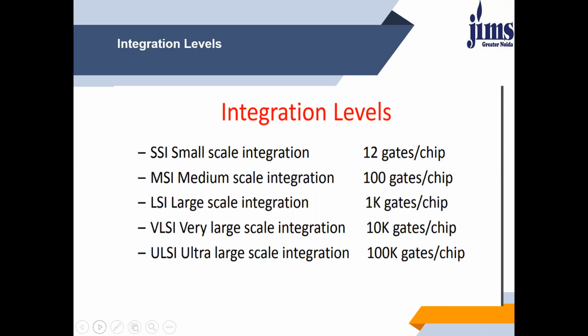According to the increment in the number of gates, we can define MSI, LSI, VLSI, and ULSI, ultra large scale integration. In this, 100K, 100,000 gates can be mounted on a single chip. So these are the types of integrated circuit.